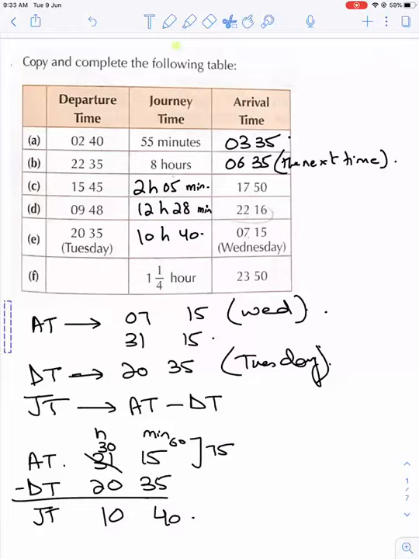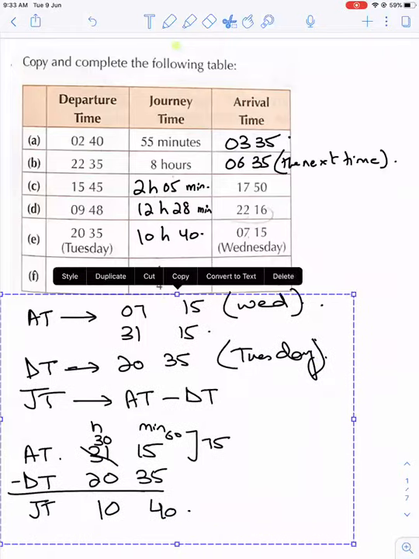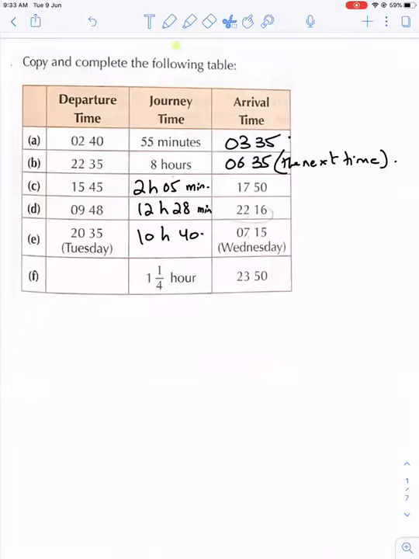The last part of this question is when the arrival time is given to us as 23:50. But before I start with this, I need to pinpoint one thing: 1 hour is actually 60 minutes.